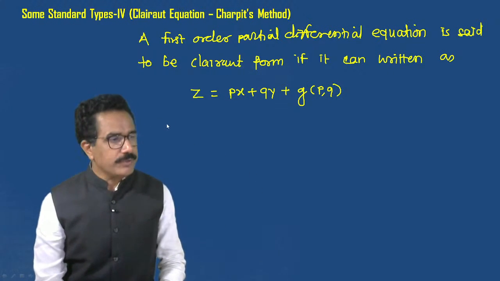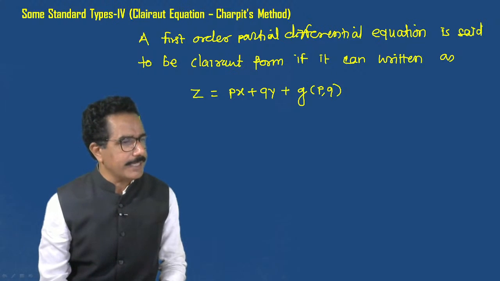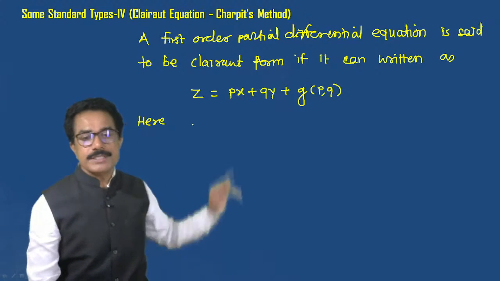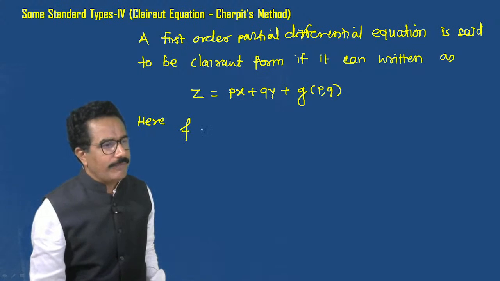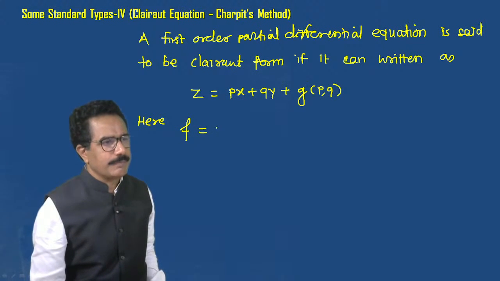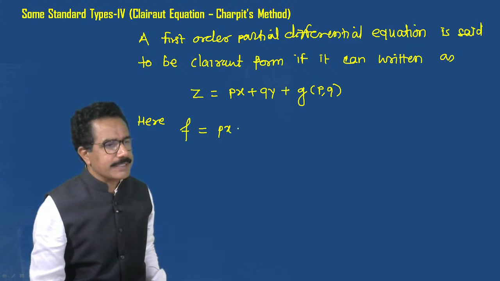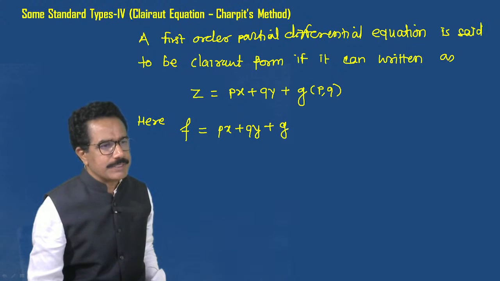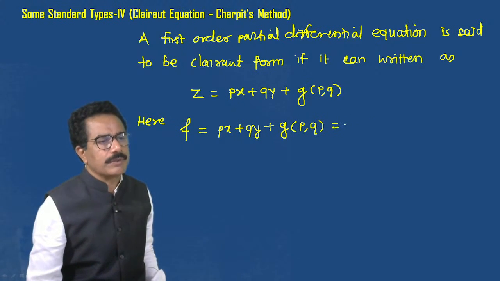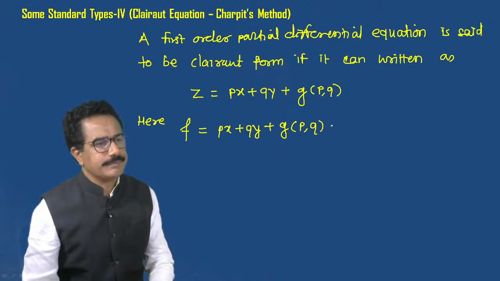By using this method we can solve. Here we consider the function f, how can we write it? We can write px plus qy plus g of p comma q, minus z.